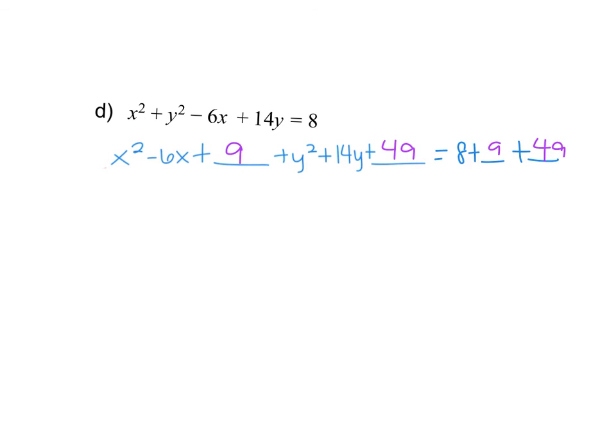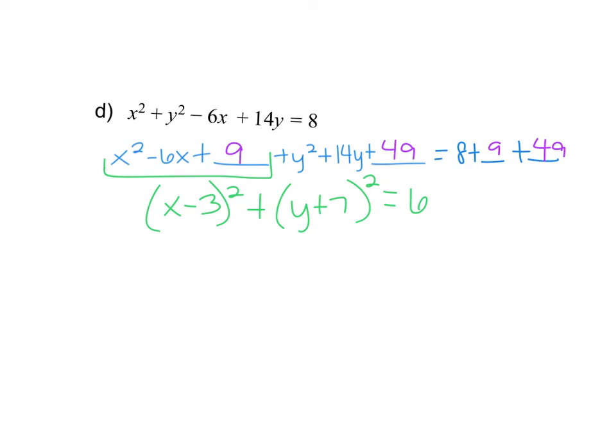Okay, so now let's factor this first set. That would be (x - 3)^2 plus, the other one would be (y + 7)^2 equals, this is not a perfect square, it's going to be equaling 66.